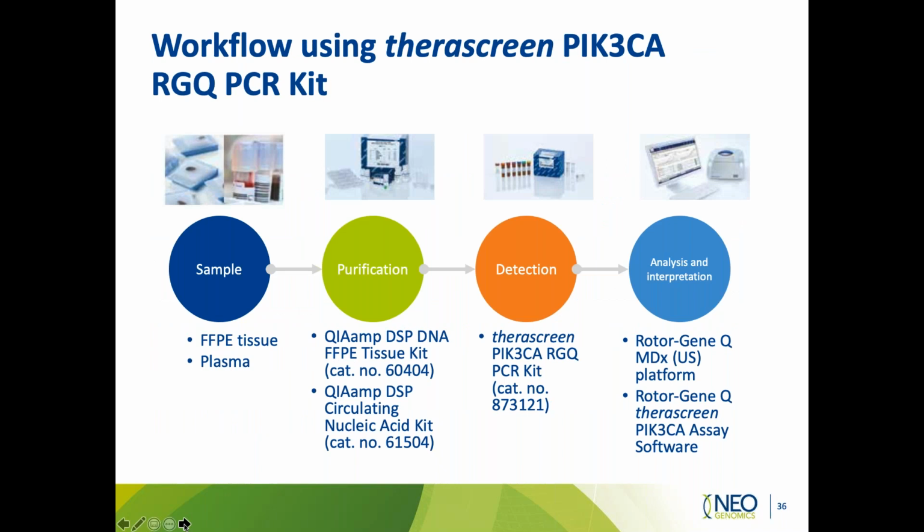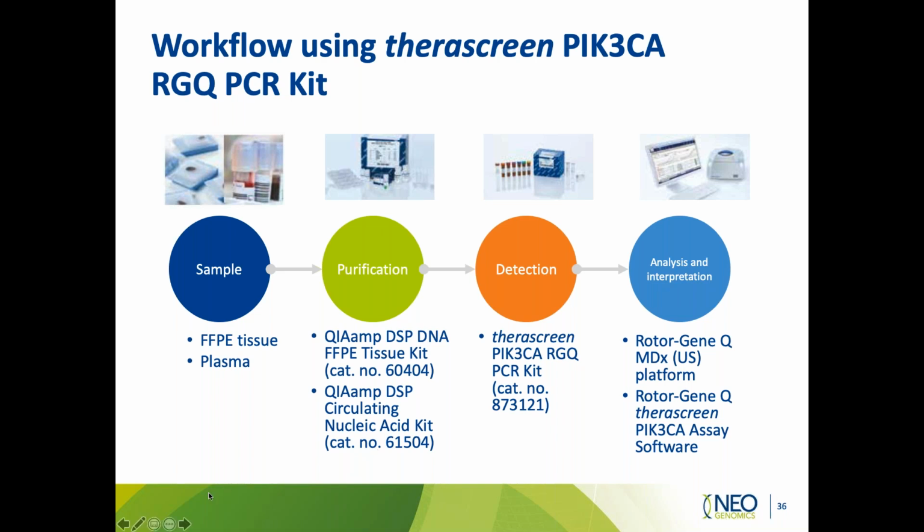And here's just a summary. You can use FFPE tissue, or at least in theory, plasma, although still not validated in our laboratory. You might understand how difficult it is going to be to validate the plasma in terms of sample procuration.